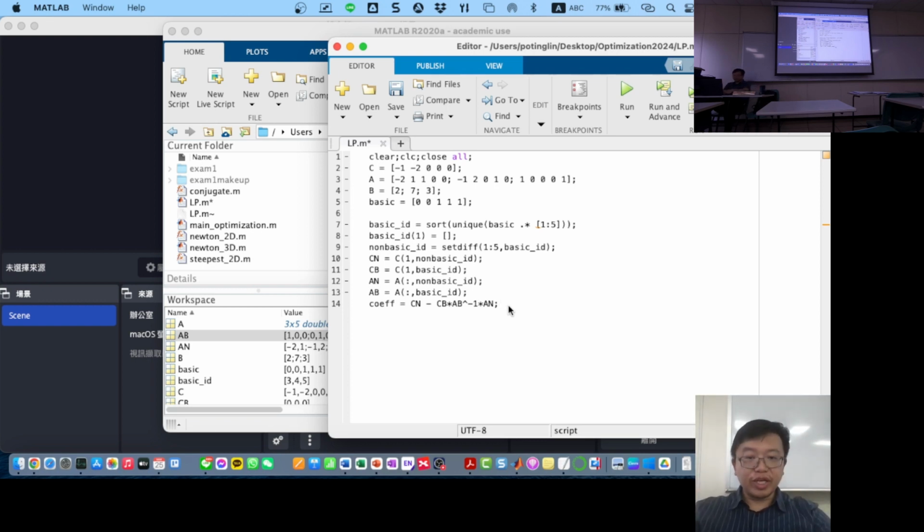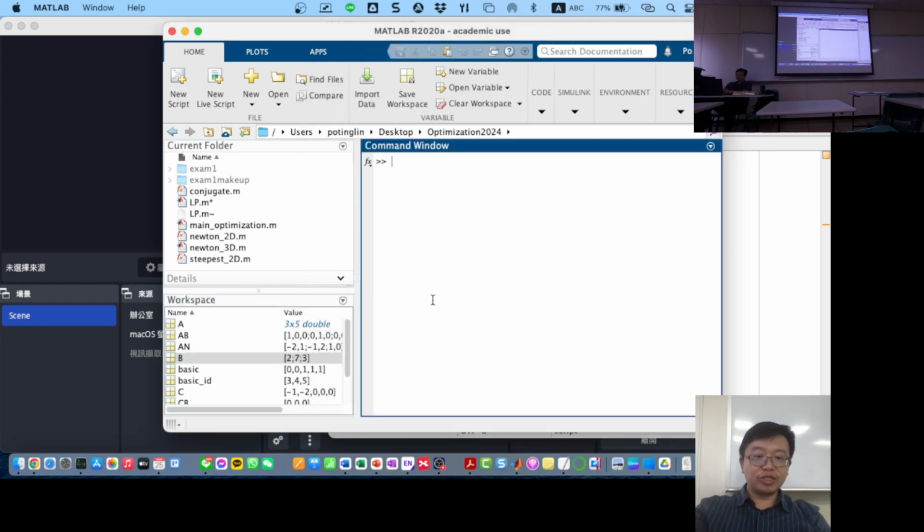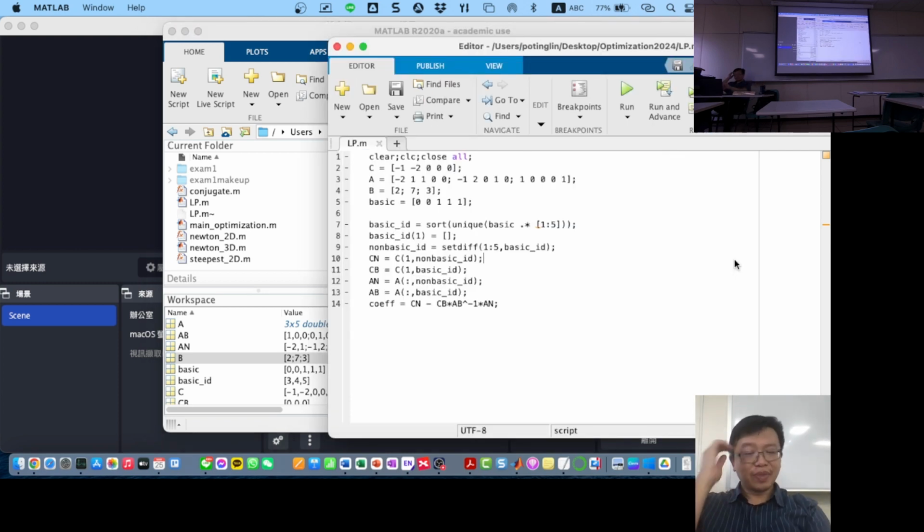So once you compute this, your coefficient will be just like what we did, -1 and -2. And then we're going to pick the most negative one. So we need to know what the ID is for it.